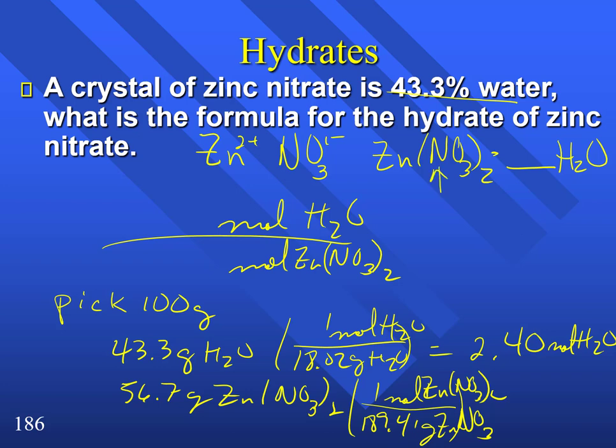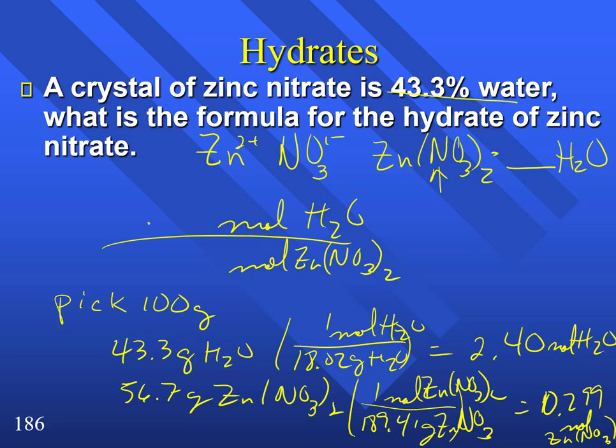So it is 189.41. So that is 56.7 divided by that answer gets me 0.299 moles of zinc nitrate.